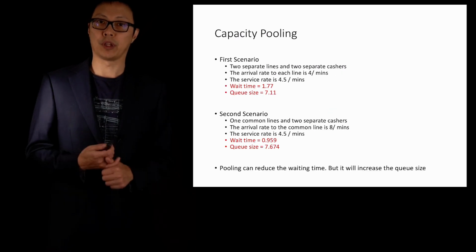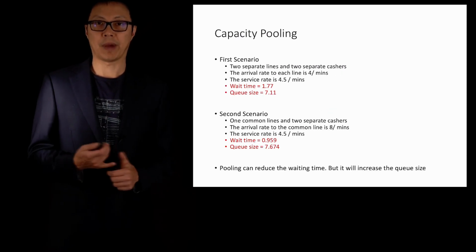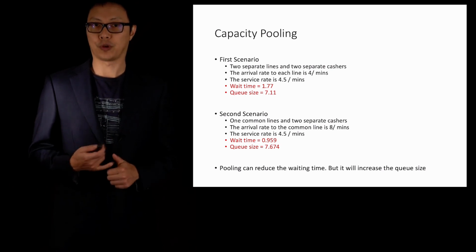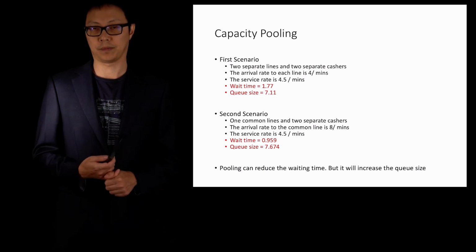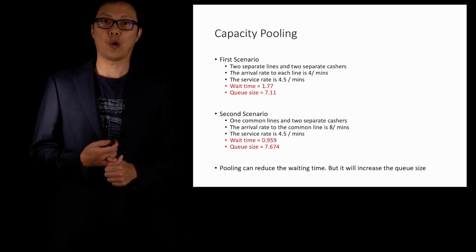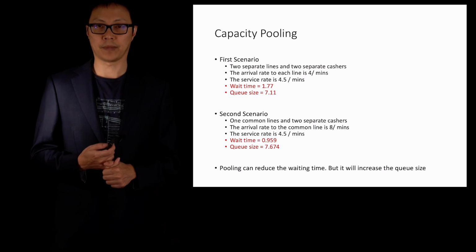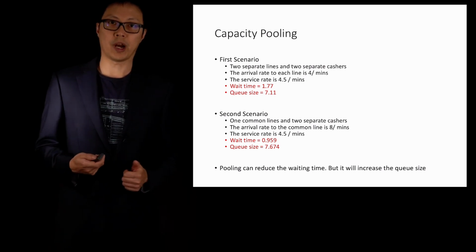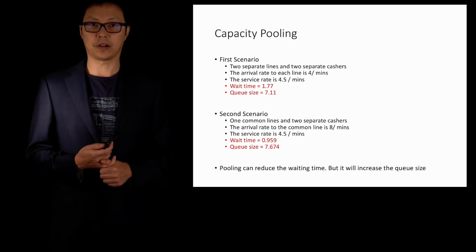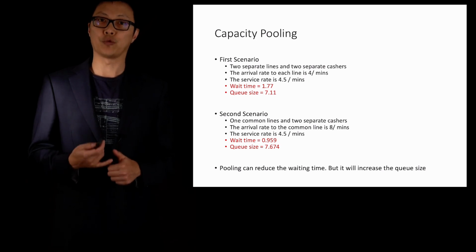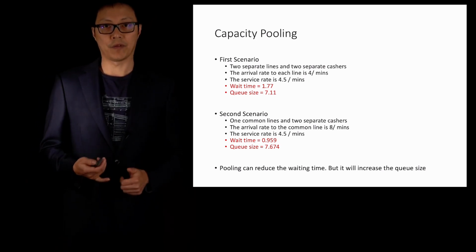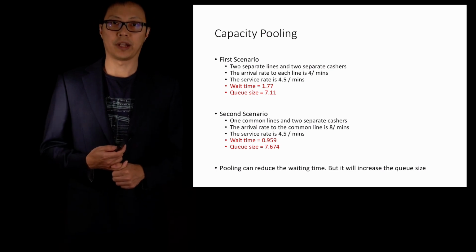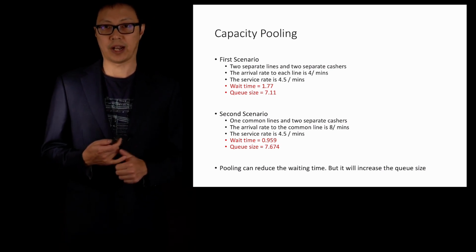Then, when we put the results together, side by side, we find that the second scenario has a much shorter waiting time, although the line size is slightly longer. This is what we call capacity pooling. In other words, when we are able to combine all lines together, we can actually reduce the customer waiting time significantly. However, the line size will be longer than the case in which we have separate lines.